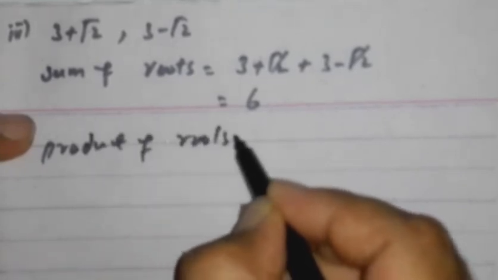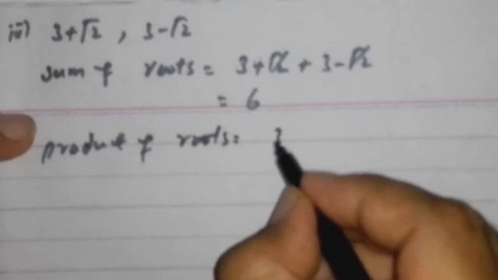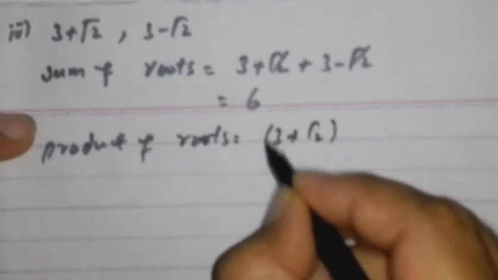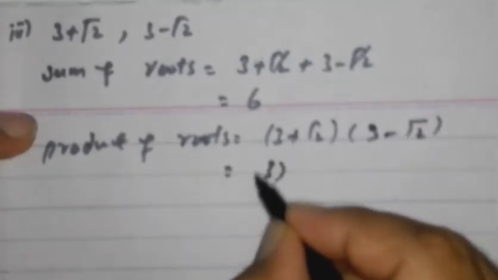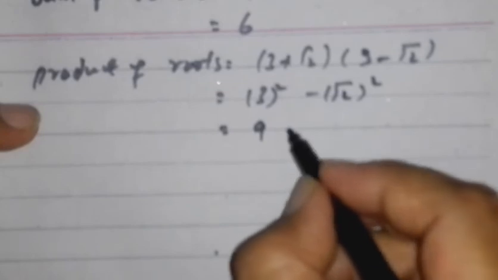These two cancel, we get 6, and product of roots, which equals 3 plus under root 2 into 3 minus under root 2. Now this is the a plus b and a minus b form: a square minus b square. Here we get 9 minus 2, 7.